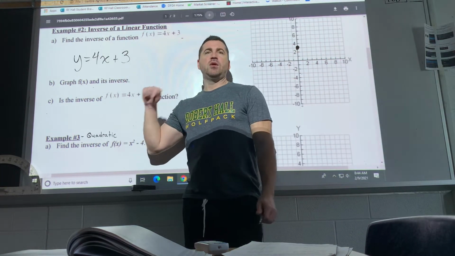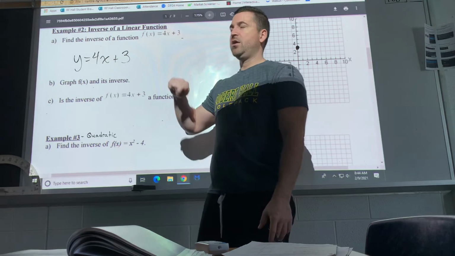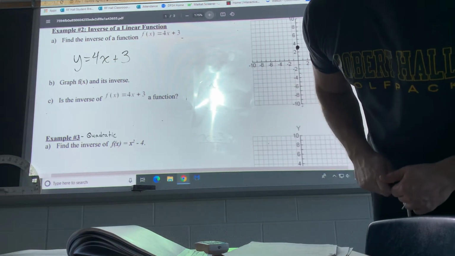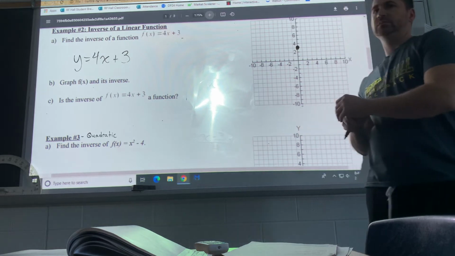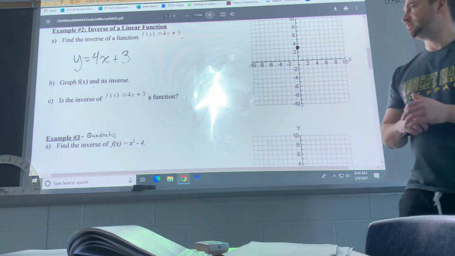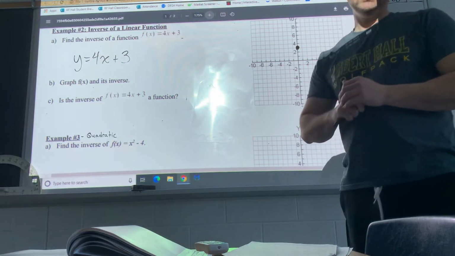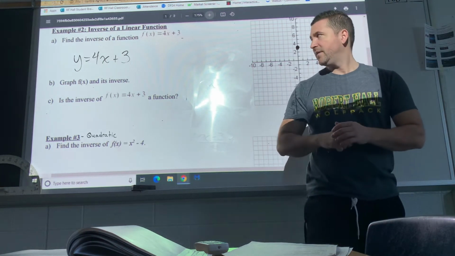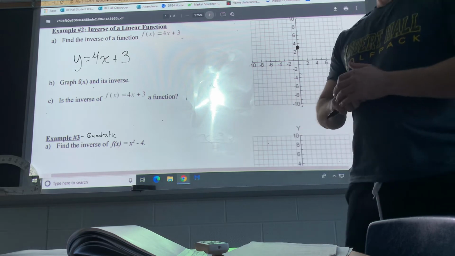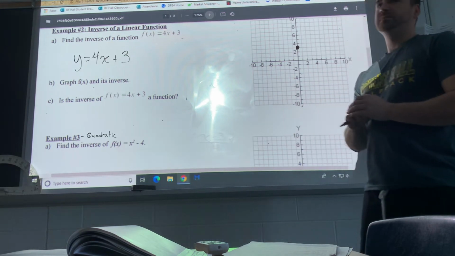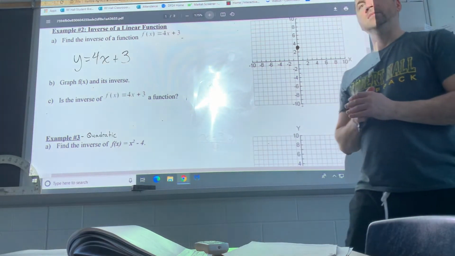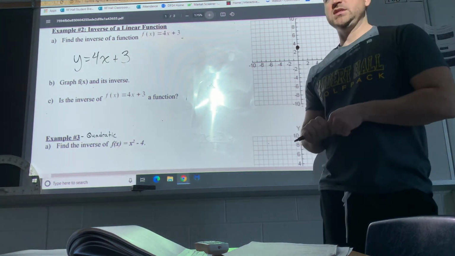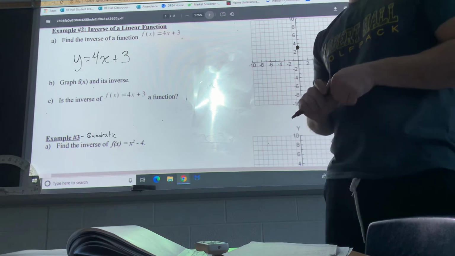who remembers, without plugging points in, how could I find the next point on the graph? See if you guys come up with this. Without plugging in values, what's the easy way to find the next point?